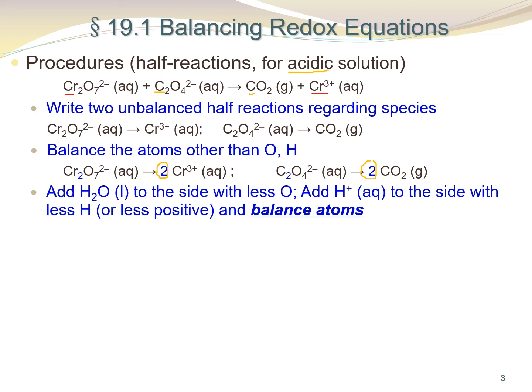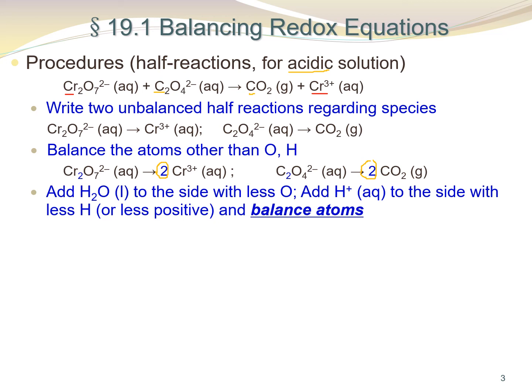In acidic solution, we understand that H plus is dominant. And once it's mentioned acidic solution, that means we need to add H plus to one side of the reaction.